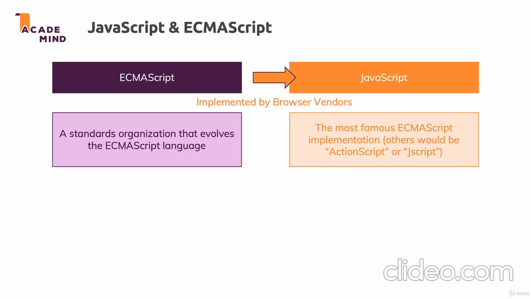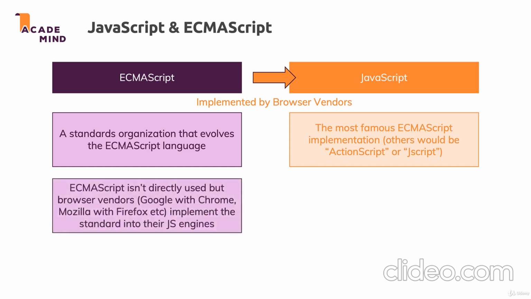So JavaScript in the end is ECMAScript, we could say, and we have that organization that evolves ECMAScript, and with every new standard version, you could say, which is in the end then created and finalized, browser vendors take that and implement it into browsers. So ECMAScript itself isn't directly used, but browser vendors implement it into their JavaScript engines.